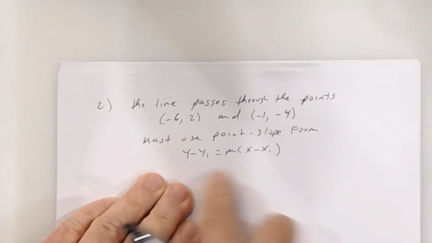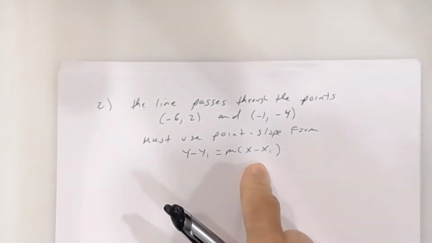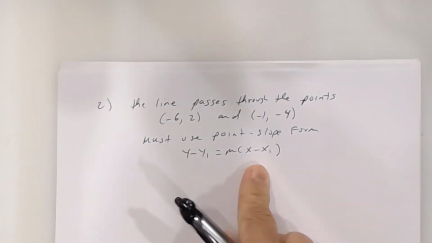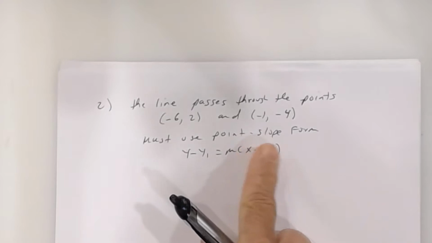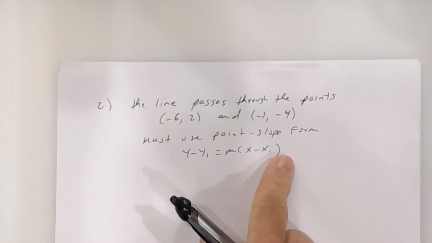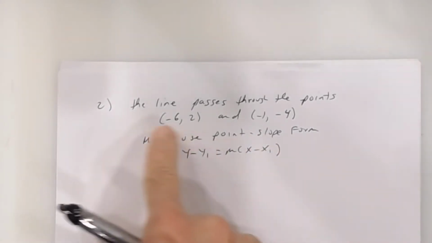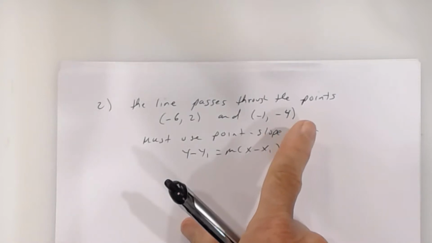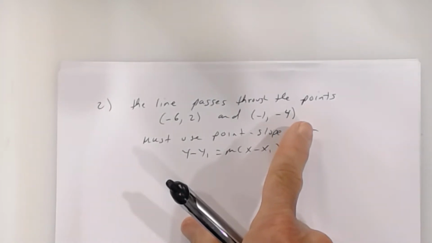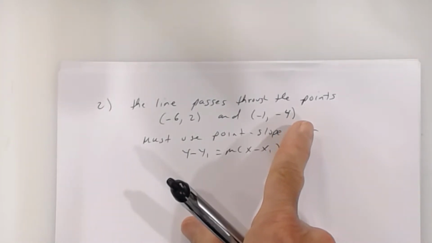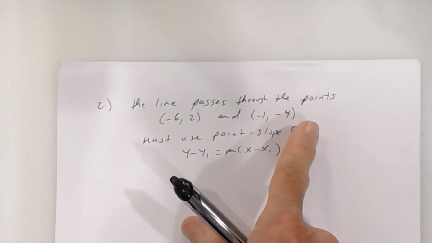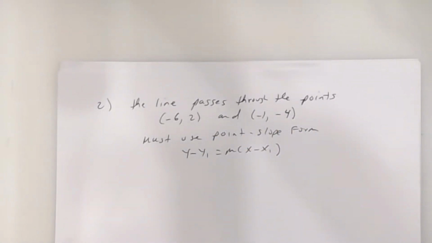So if I'm going to use this formula, I've got to know 2 things. What 2 things must I know? The slope and what else? 1 point. How many points do I know of? 2. Doesn't matter which one I use. Does it matter which one I use? No, we just saw that.